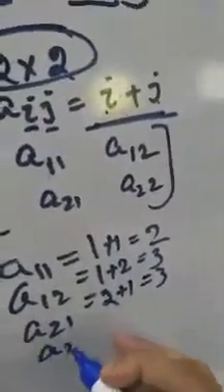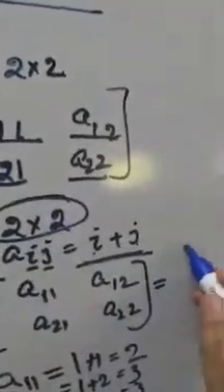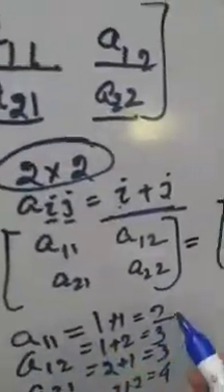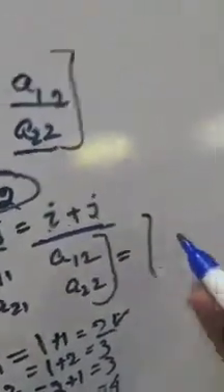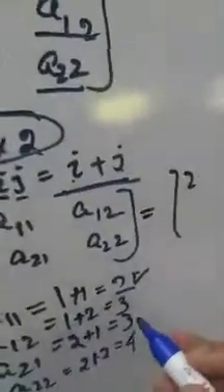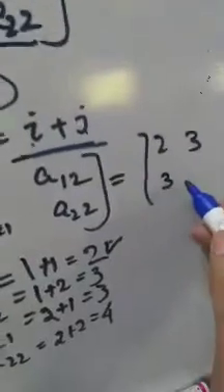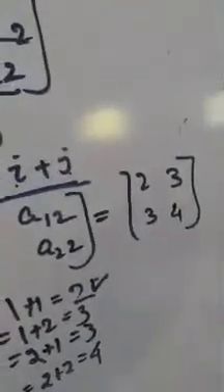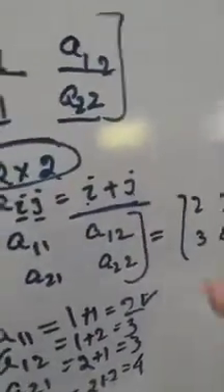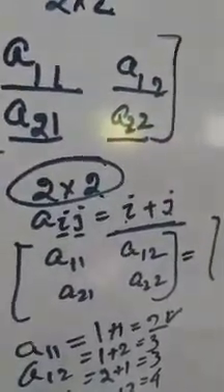Then A22 is equal to 2 plus 2, that is equal to 4. So what will be the matrix? In place of A11 we got 2, A12 is 3, A21 is 3 and A22 is 4. So it is 2 3 3 4. This is the matrix form; I told you how we write the elements of the matrix.